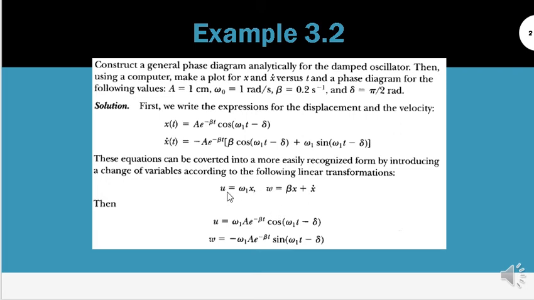So by taking u equal to omega 1 x, and w equal to beta x plus the time derivative of x, and substituting the values of x and x dot, we will have this equation.